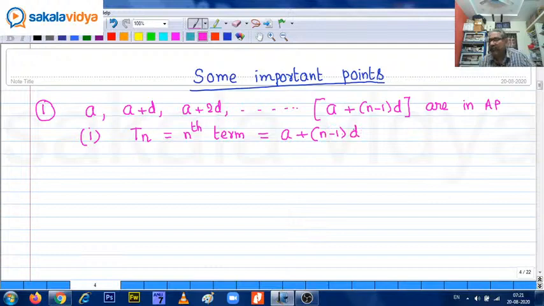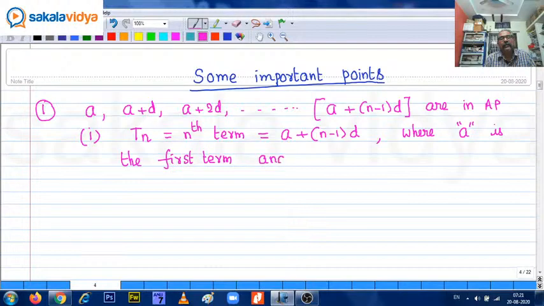In most of the problems, we need to find out the nth term with the help of arithmetic progression, where a is the first term and d is the common difference. So I just revise, I need not go into detail.